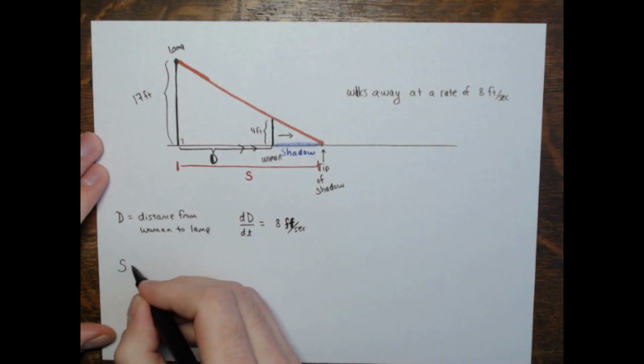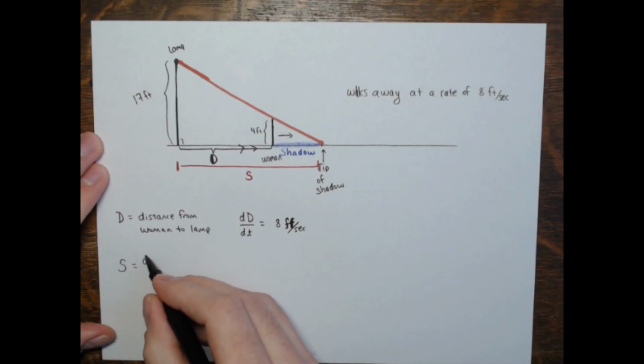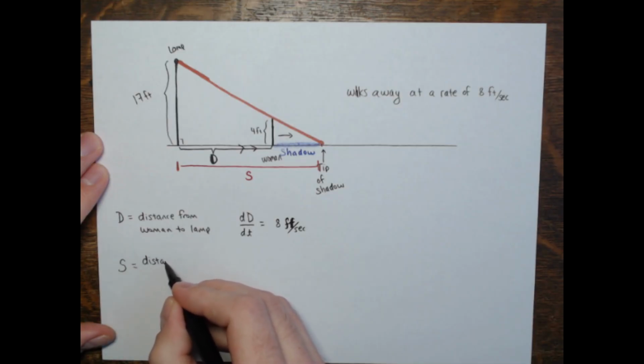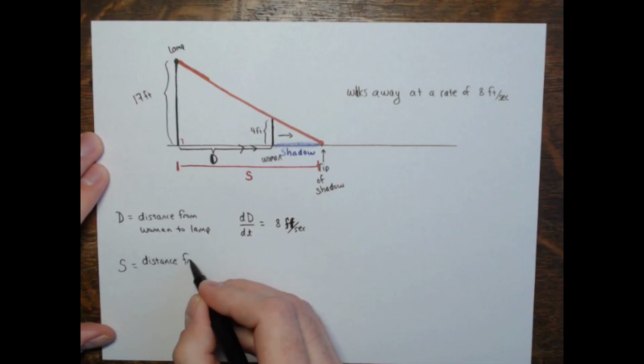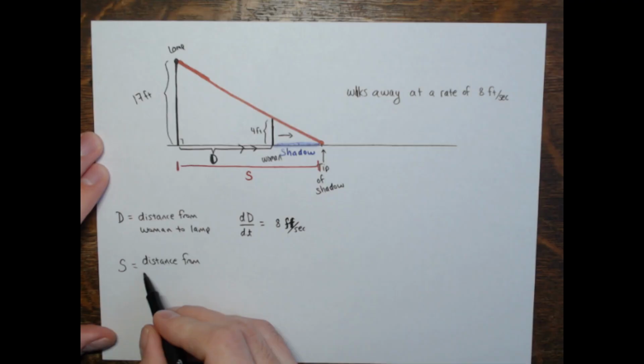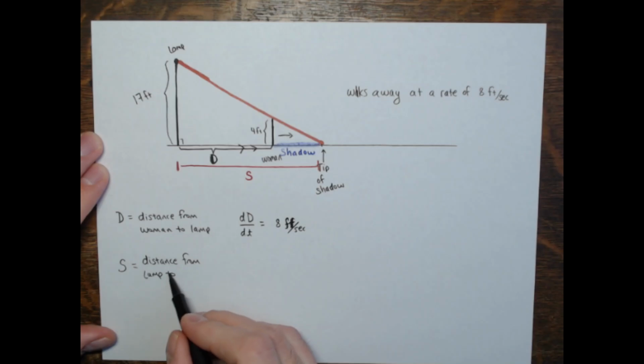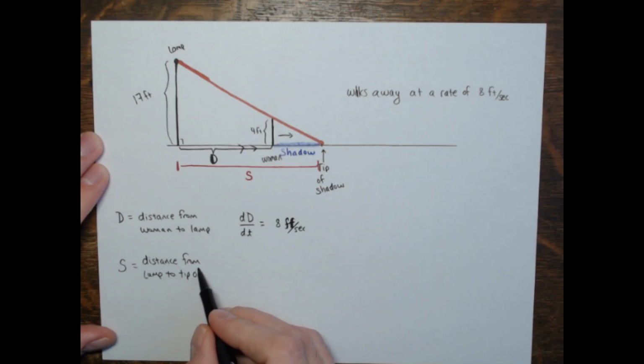This is the distance they're talking about, from the base of the pole to the tip of her shadow.